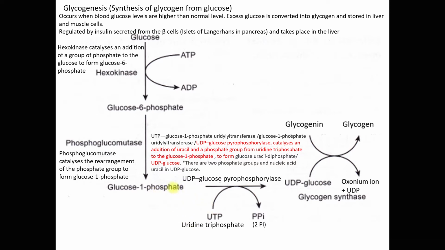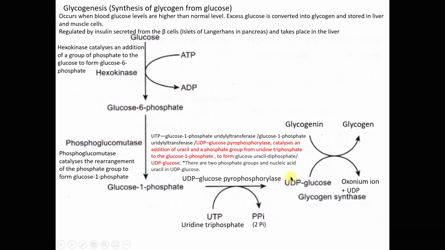UDP glucose phosphorylase catalyzes an addition of uracil and a phosphate group from the uridine triphosphate to this glucose 1-phosphate to form glucose uracil diphosphate, or UDP glucose.